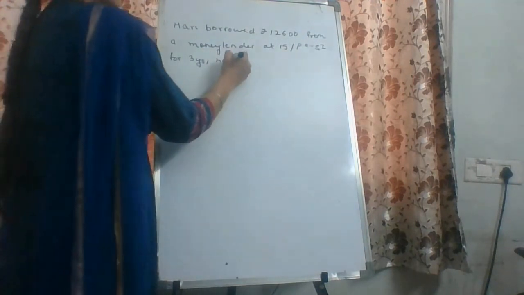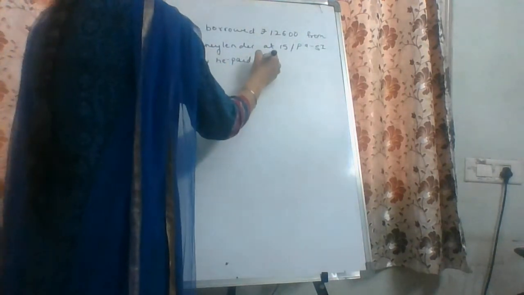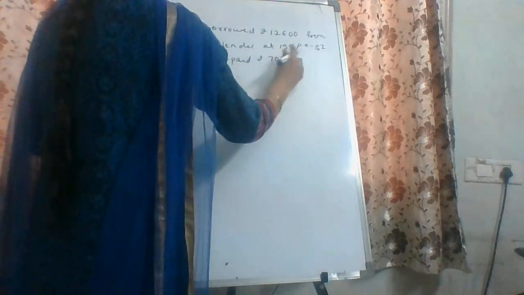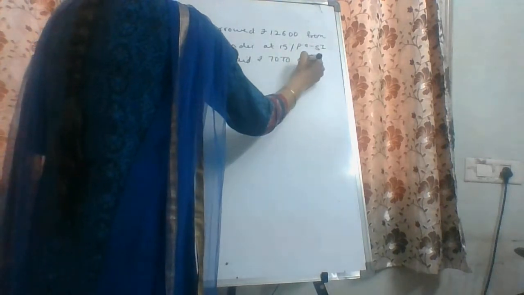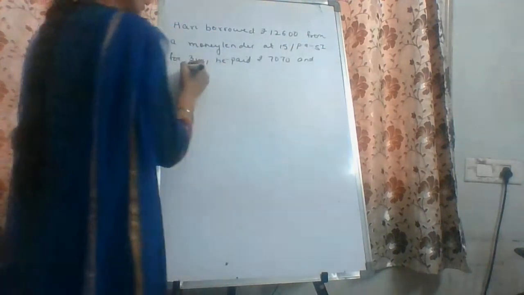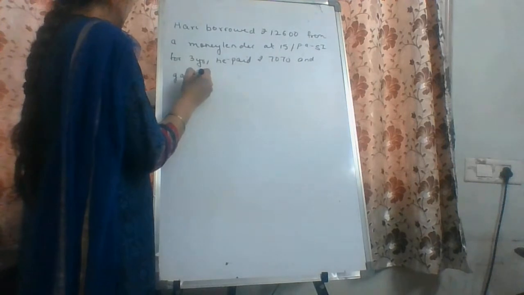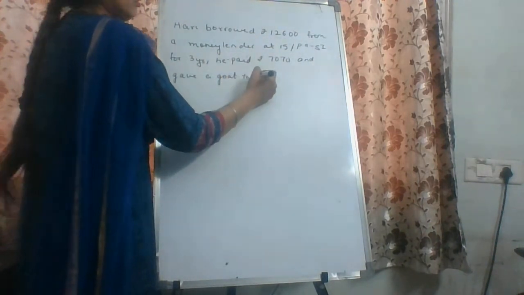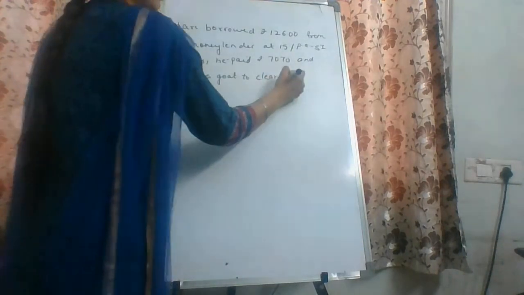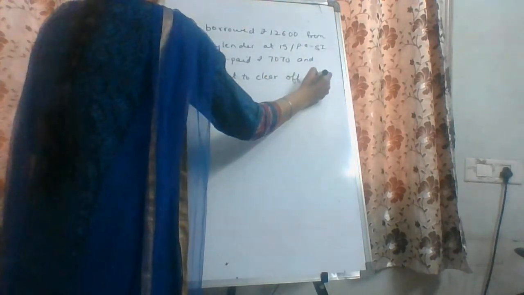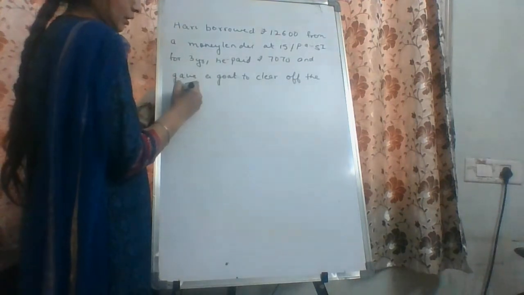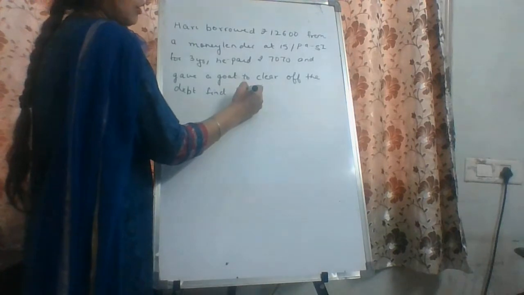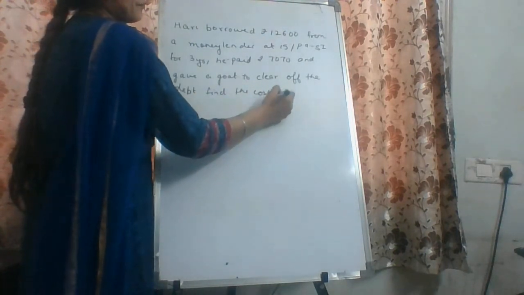He paid rupees 770 and gave a goat to clear the debt. Find the cost of the goat.